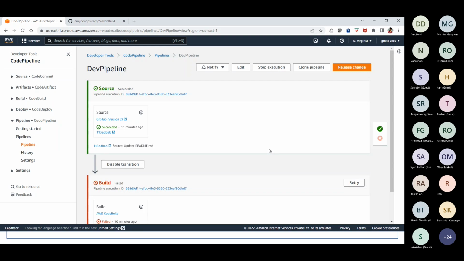So pretty much this is what we have in AWS DevOps. We have a detailed DevOps course in which all the services are covered, because it's not possible to demo all the services at once. But all these services we are covering in depth, and we are going through different programming languages.